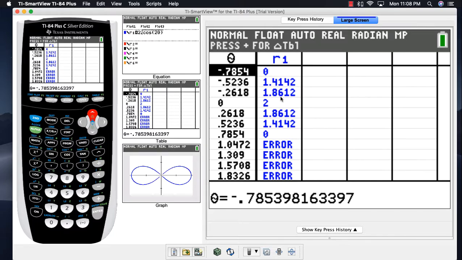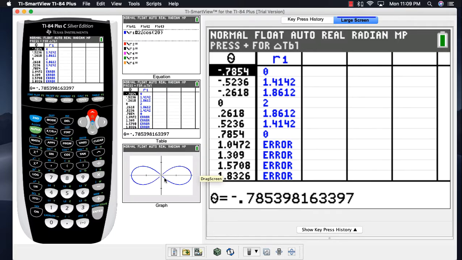That gave me 0 as well. Basically, from this 0 to this 0 represents this loop on the right-hand side. So I'll say it again. This negative 0.7854 up to this positive 0.7854 represents this right-hand side loop of the lemniscate, and it's symmetrical, right?